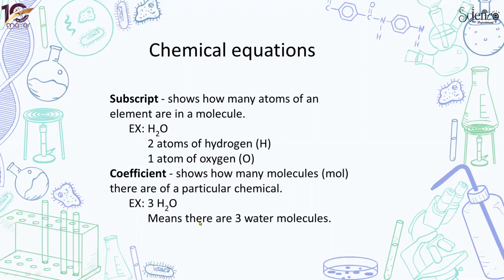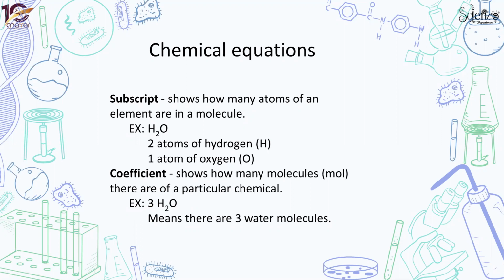Now, if I have a coefficient and I have a subscript like this here, and I want to find the number of atoms, like for example, 3H2O, it means that we have 6 atoms of hydrogen. Why is that? Because we have to multiply to find the number of atoms. 3H2O means 3 molecules of the whole water molecule.